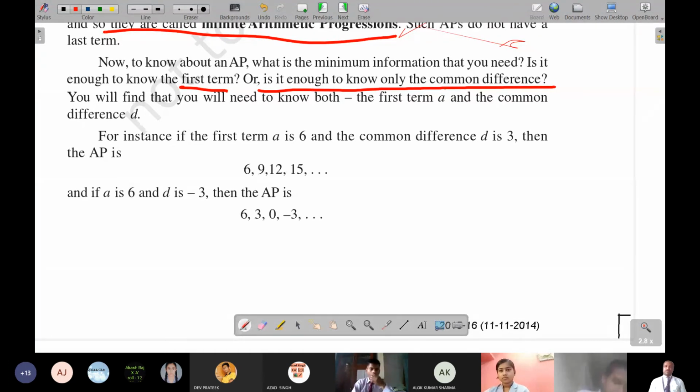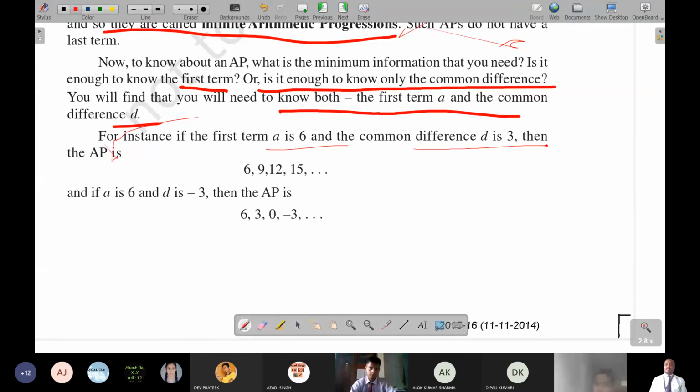You need to know both the first term and the common difference. Then of course after that we can find as many terms as we want. For instance, if the first term A is 6 and the common difference is 3, then it will become 6, 9, 12, 15, as 3 goes on adding. And if the common difference is -3, then 3 goes on being subtracted.